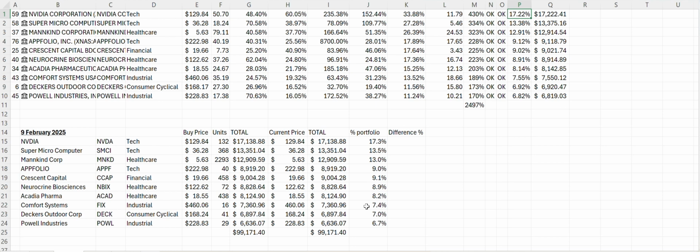So I'm assuming that I have 100,000 in cash, and that's the proportion that I'm buying. NVIDIA, as of 9th of February 2025, the buy price that I'm buying at is 129.84. I'm buying 132 shares at that cost. So that's slightly lower because I'm buying full shares.